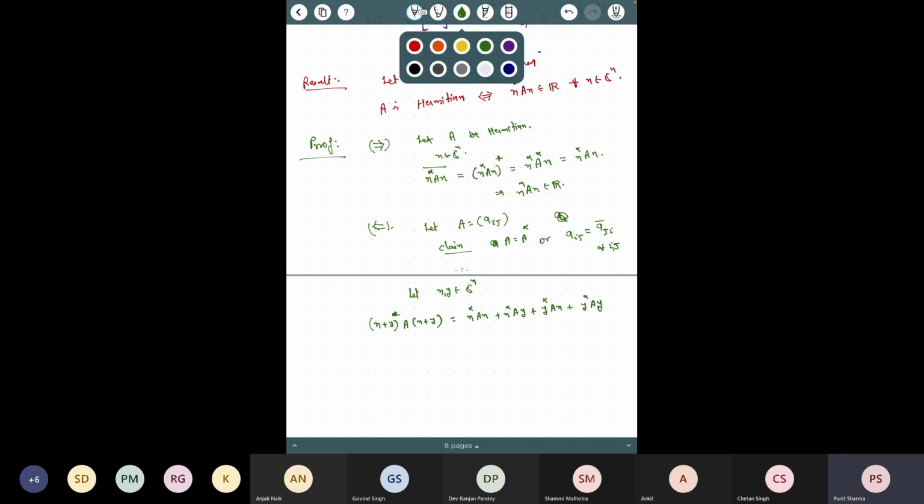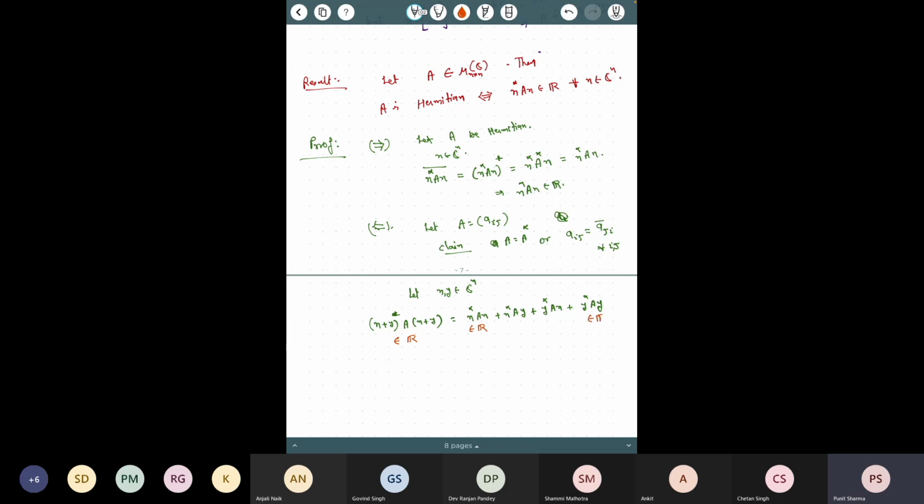By the given assumption, x plus y is also a vector, so the left hand side is a real number. This belongs to R, and x star Ax is also in R.